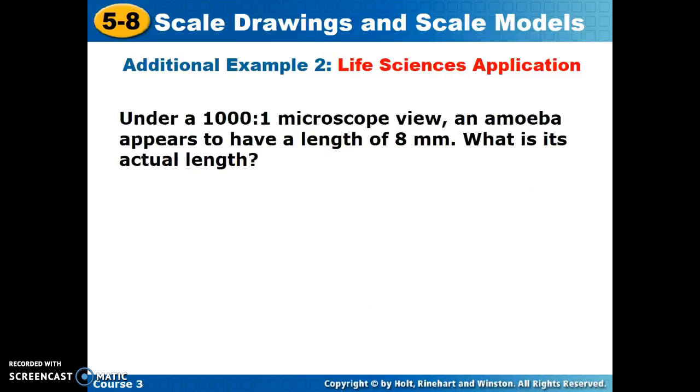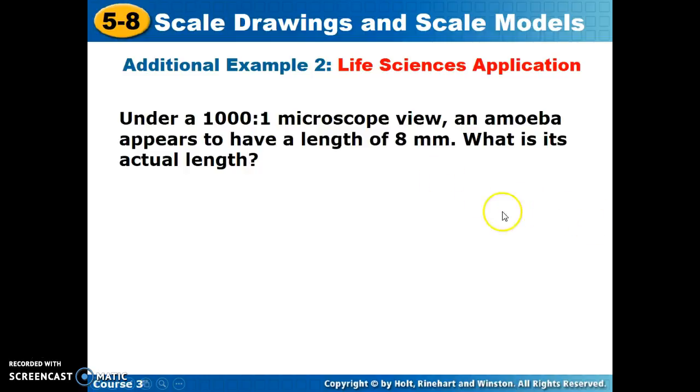Hopefully that went well. Alright, here's another one. Under a 1000 to 1 microscope view, an amoeba appears to have a length of 8 millimeters. What is the actual length? They don't give labels here, but in the problem they talked about 8 millimeters, which means everything is going to be in millimeters.